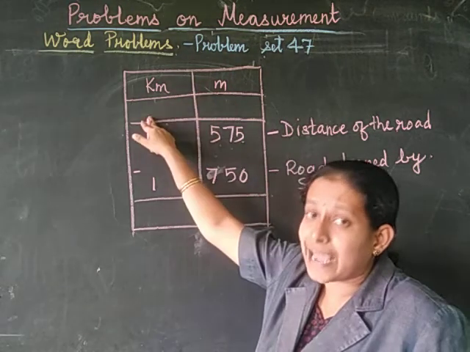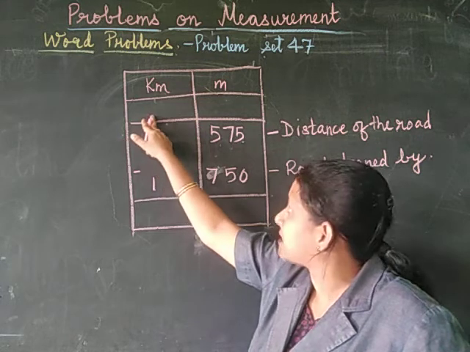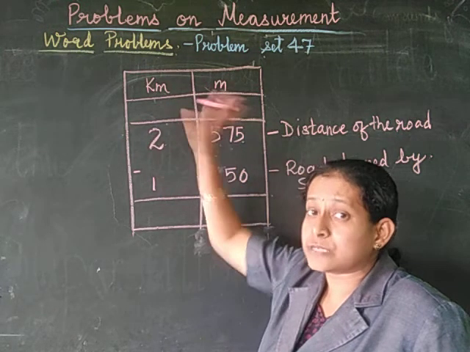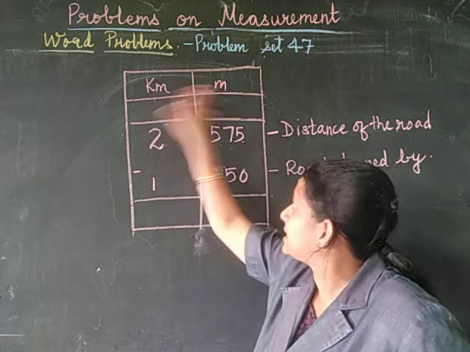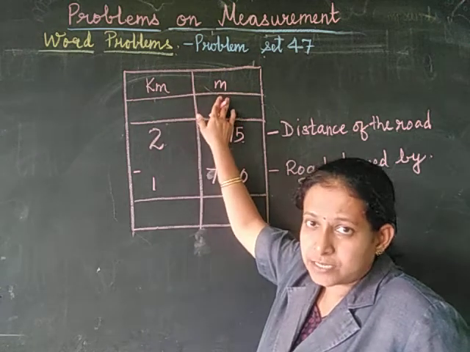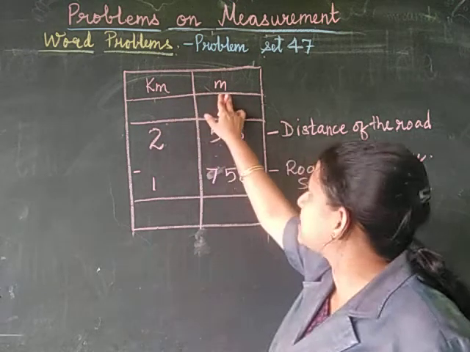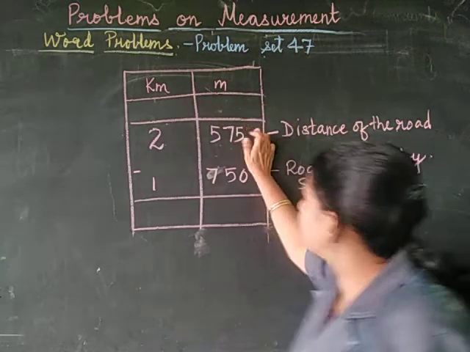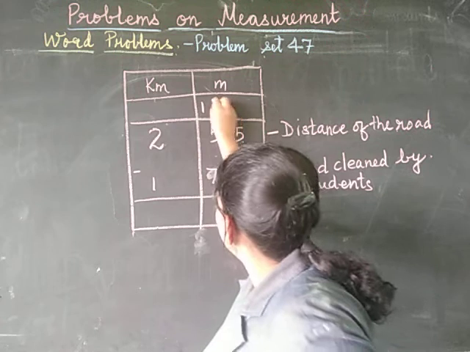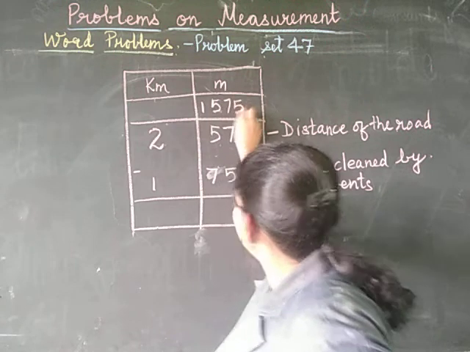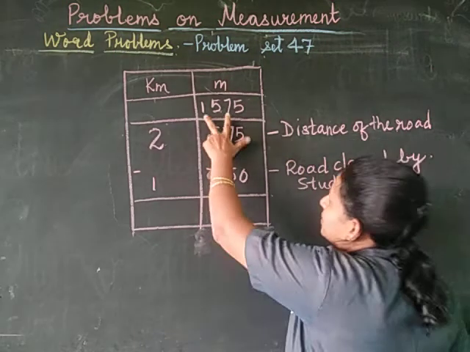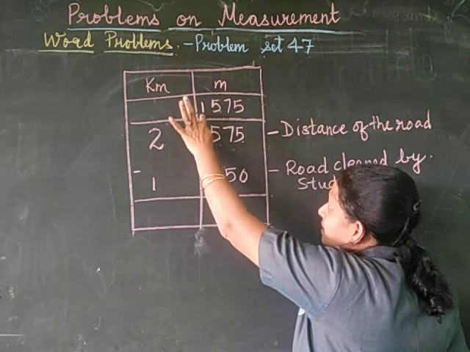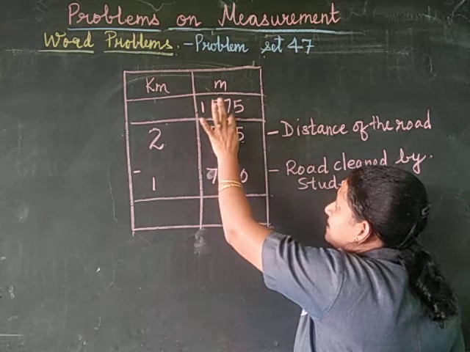When we carry 1 kilometer to the meter side, it will become 1000 meters. When we borrow 1000 meters and add it to 575, the total will be 1000 plus 575, which is 1575.